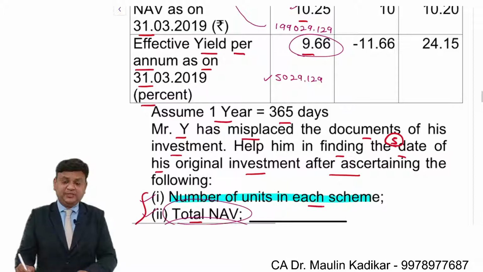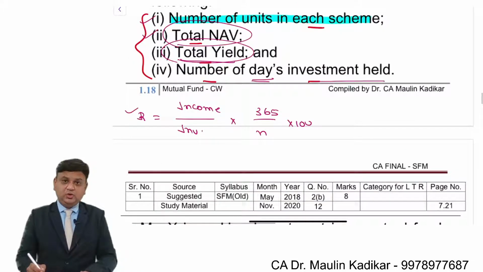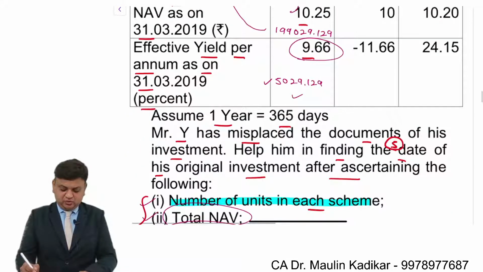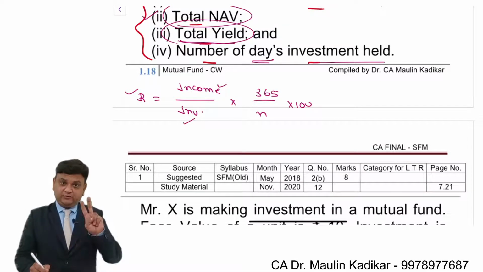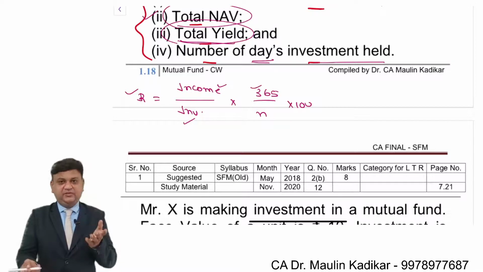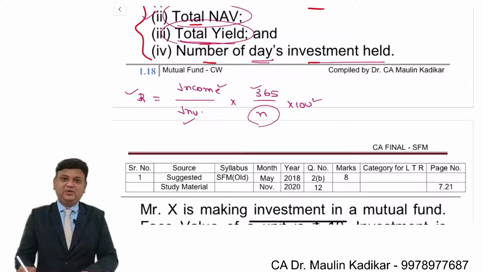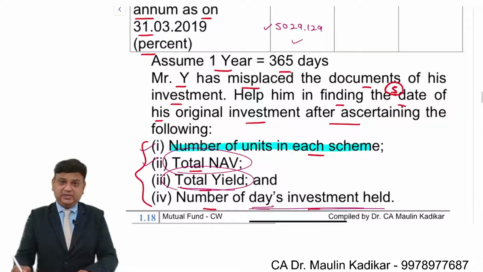Yes, we have 9.66%. Do we have income? Yes, 5029.129. Do we have investment? Yes, an amount of 2 lakhs. 365 is a number only, 100 is a number only. So n would be calculated as balancing figure. Based on that, you will compute the number of days investment held.